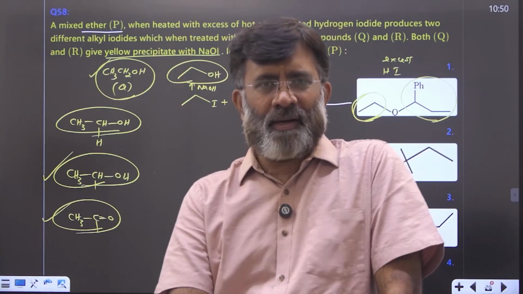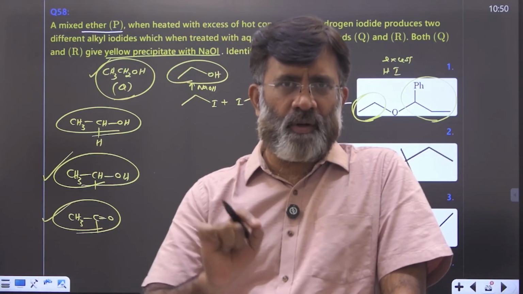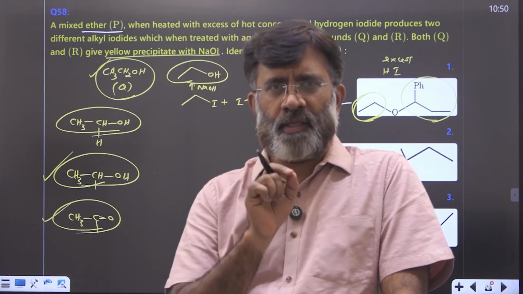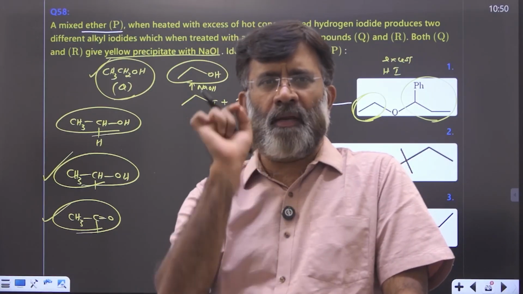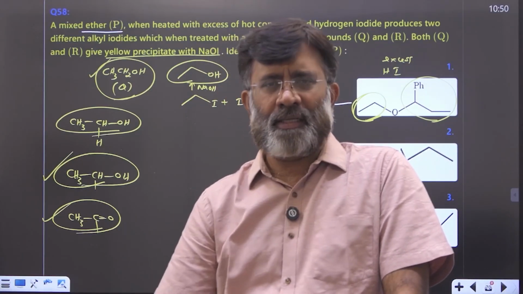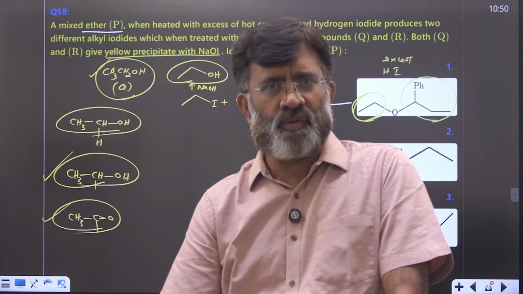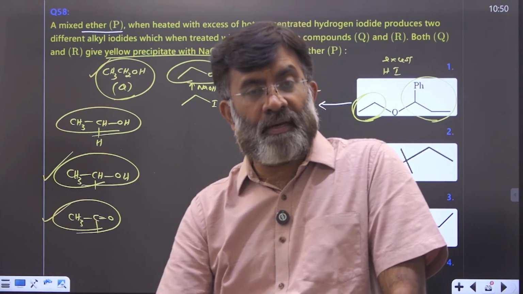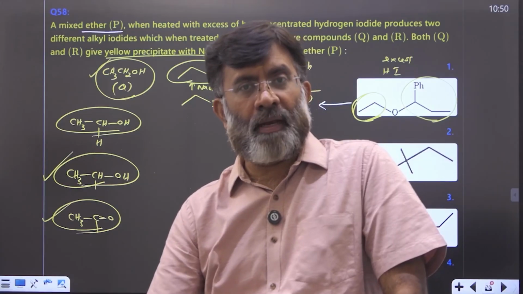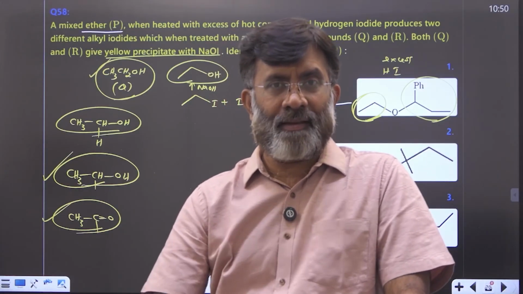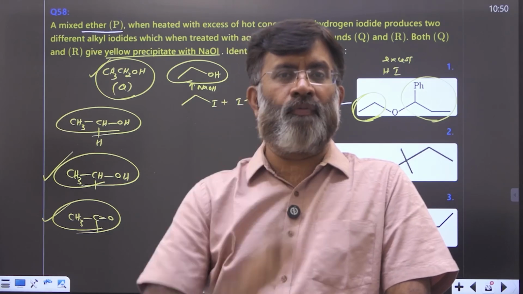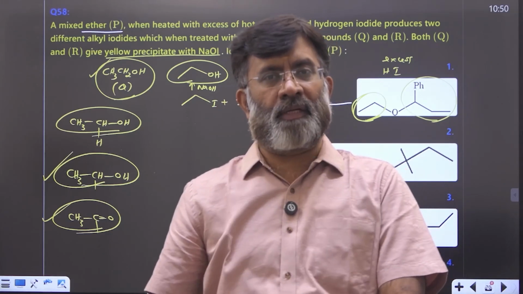A molecule containing methyl carbinol group, CH3CHOH group, or CH3CO group, methyl keto group, other than acids and derivatives, when reacting with the halogen and alkali, you will get a haloform. We have studied haloform test.